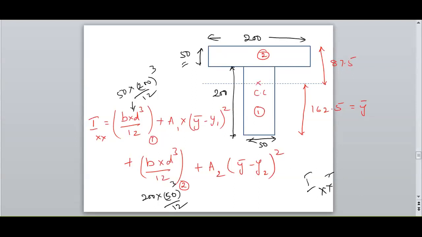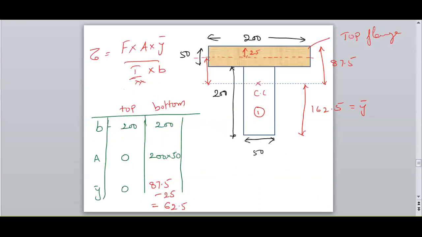Next, after finding the Ixx, I need to shift the EF line along the depth of the cross section. Initially I am moving from the top, so I am considering the EF line above the top flange, that is the top of the top flange.